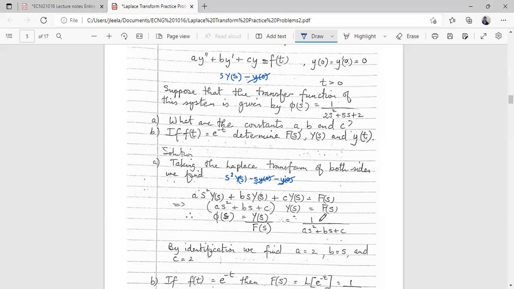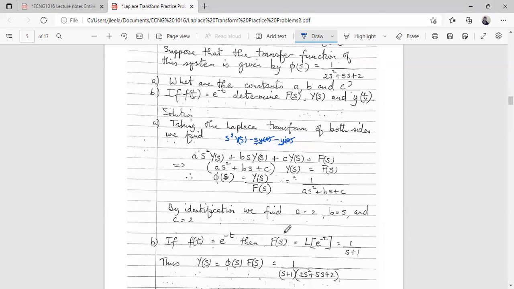So it's basically like you're cross multiplying. So you'll get Y(s) over F(s) is 1 over as squared plus bs plus c. And now we could just match up this and what they give us in the problem by identification. The coefficients: you have 1 over 2s squared plus 5s plus 2, so your a has to be 2, your b has to be 5, and your c has to be 2, right? So that is how you do it there.